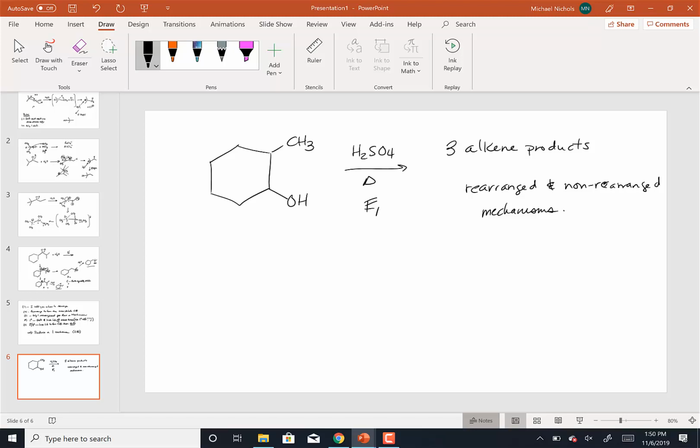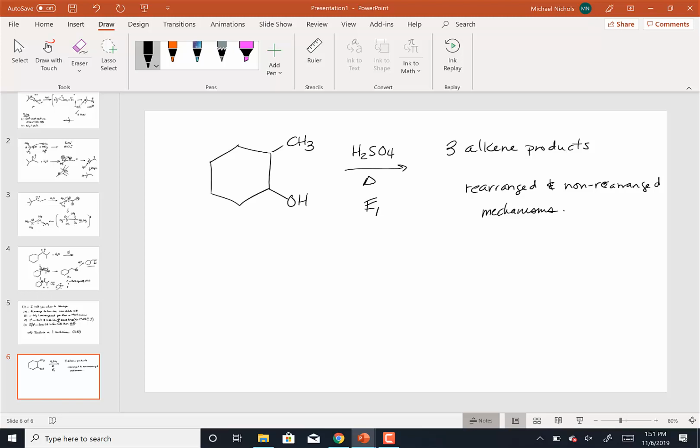And those 3 alkene products are both from rearrangement and also from just no rearrangement. So what I'd like you to do is to write the products from non-rearrangement and then write the products from the rearrangement.